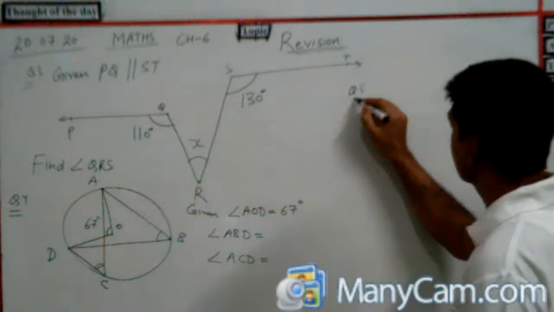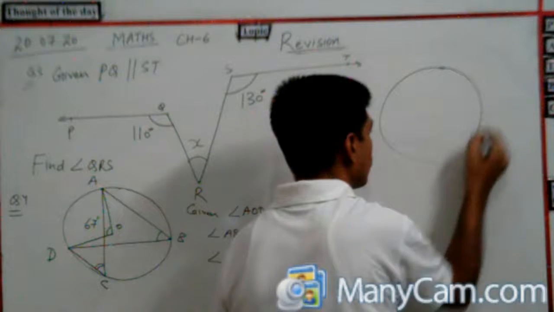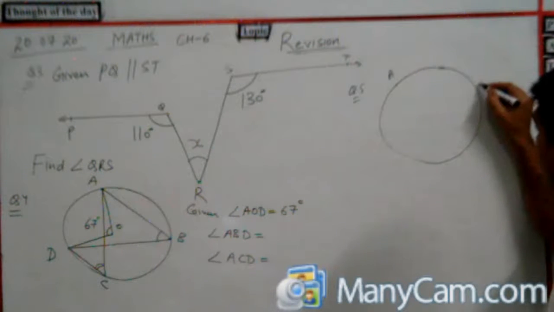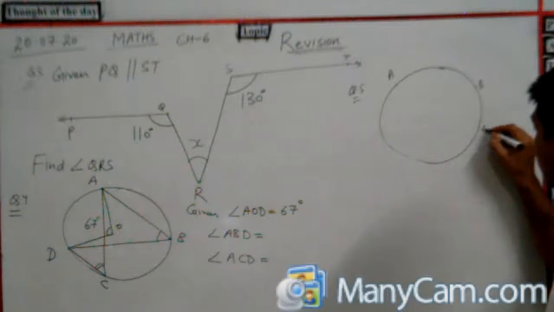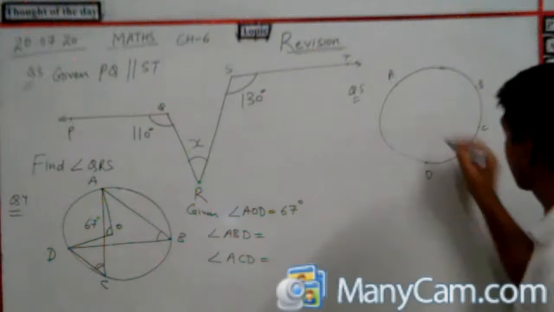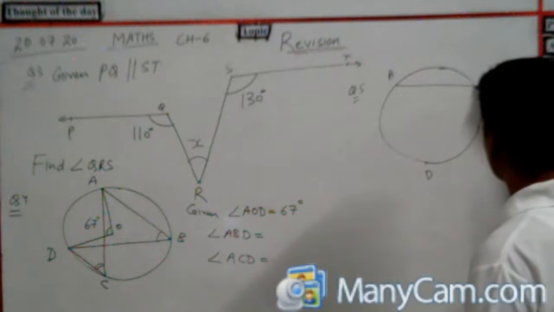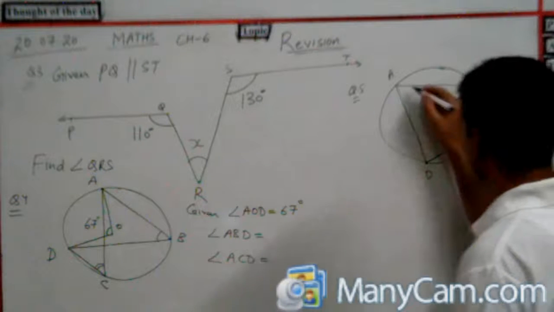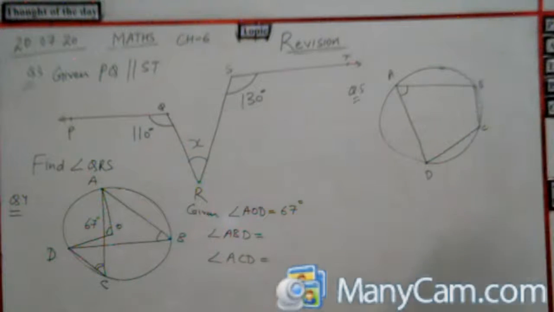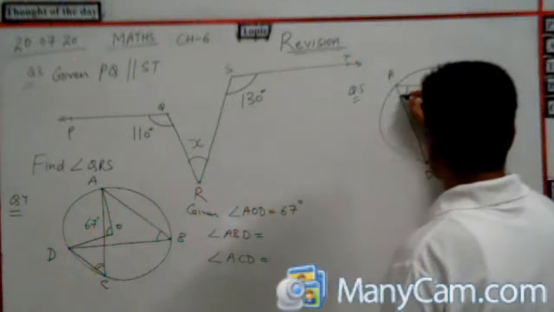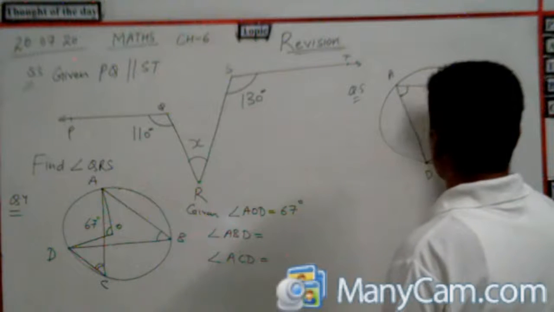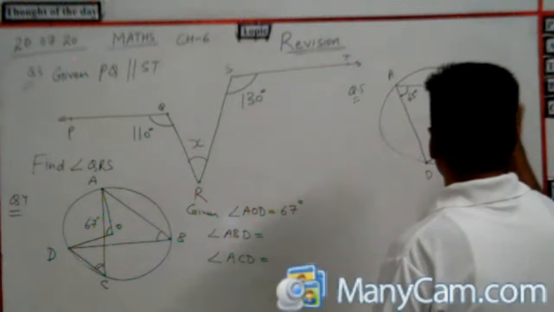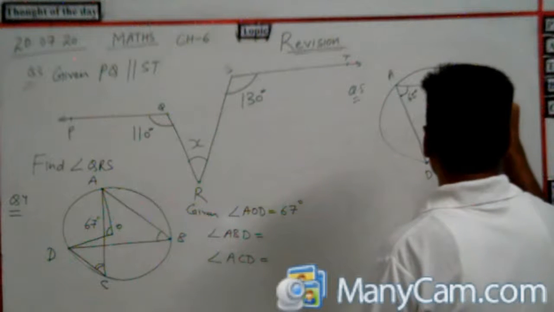Question number 5 is one circle, right? In this circle we have the points A, B, C and D. You have given one angle, that is 65 degrees, and this angle is given 105 degrees.